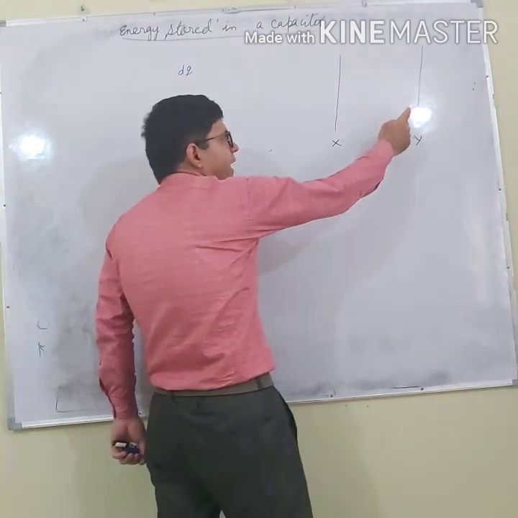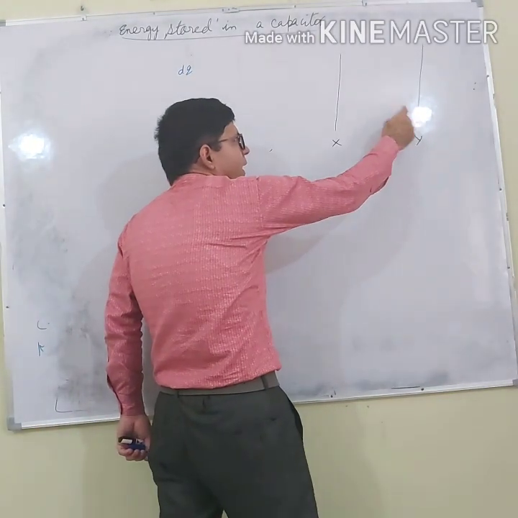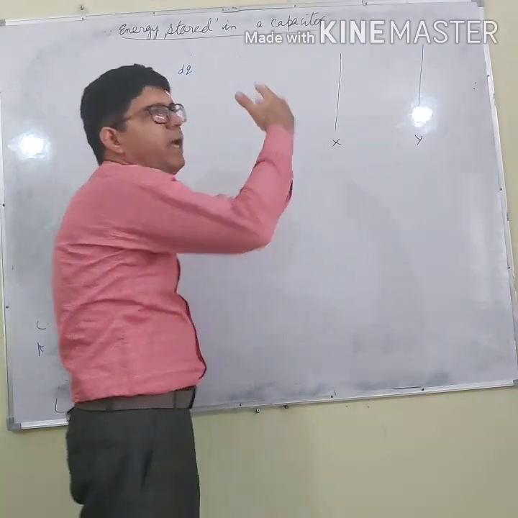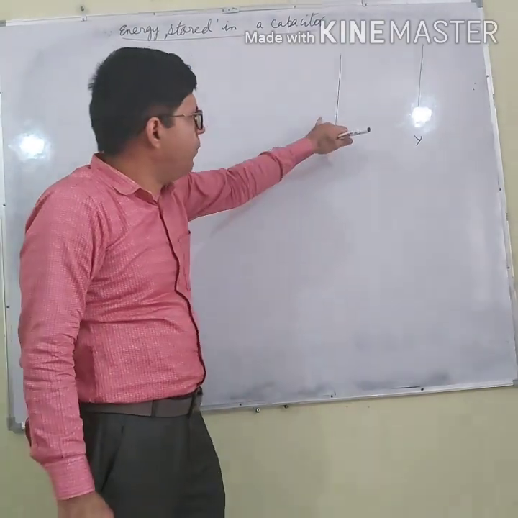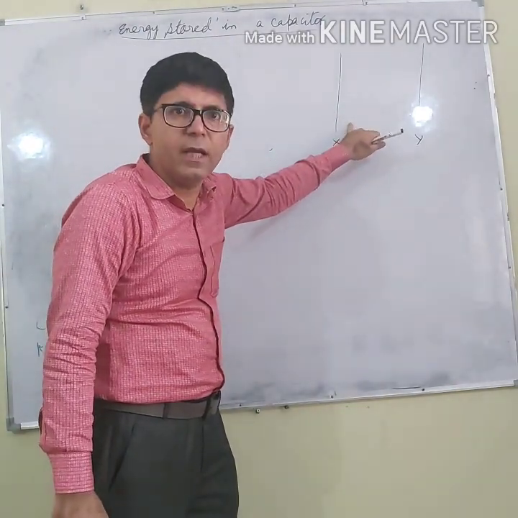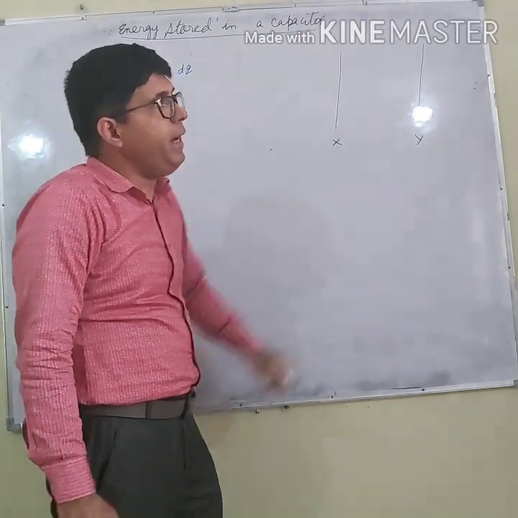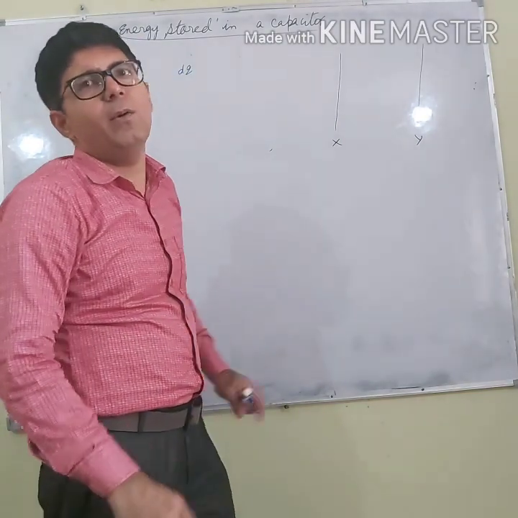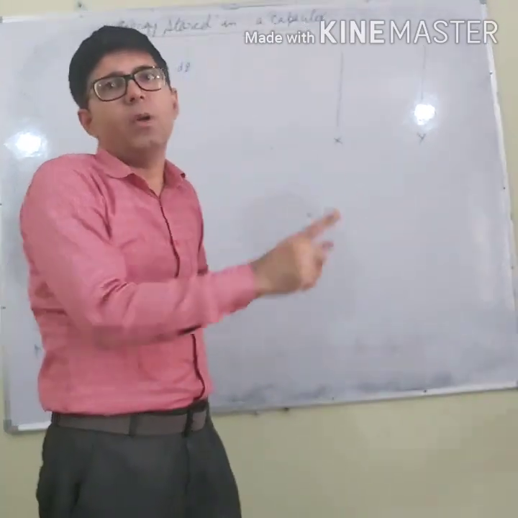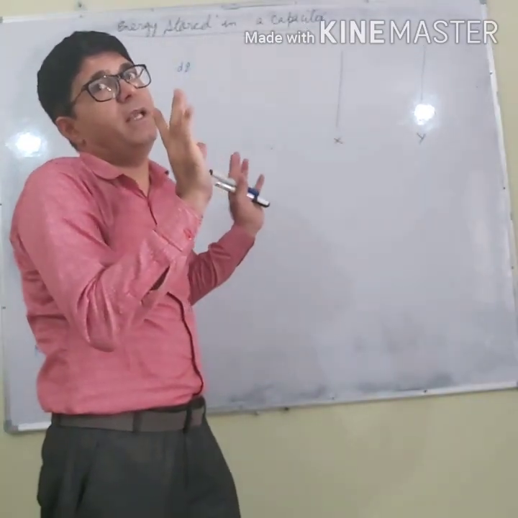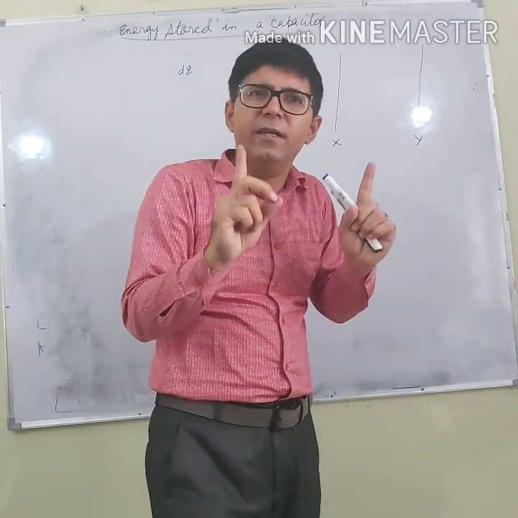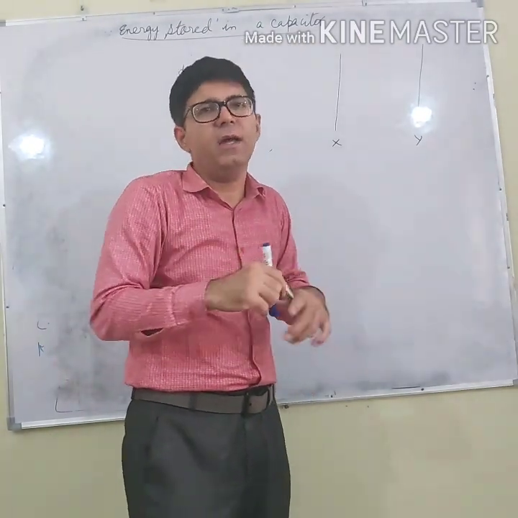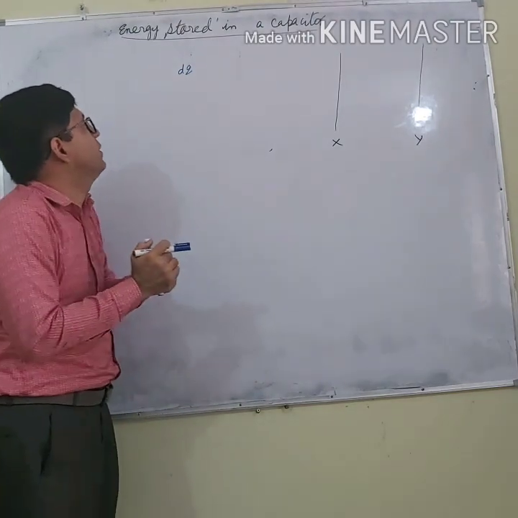Now further, if I take charge from the plate Y and I want to give it to X, what will happen? The positive potential of X will oppose this. And if I want to give the charge to the plate X, I have to do work because of its electric potential. That work done is stored in the form of potential energy.